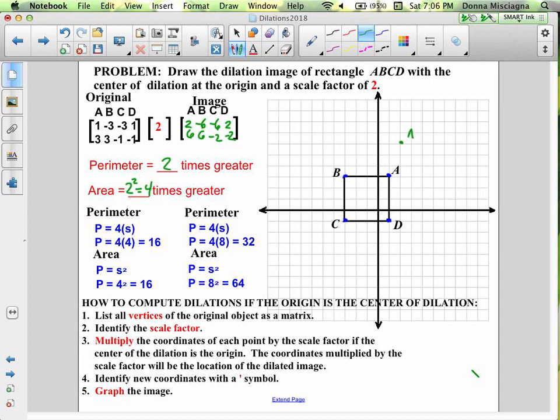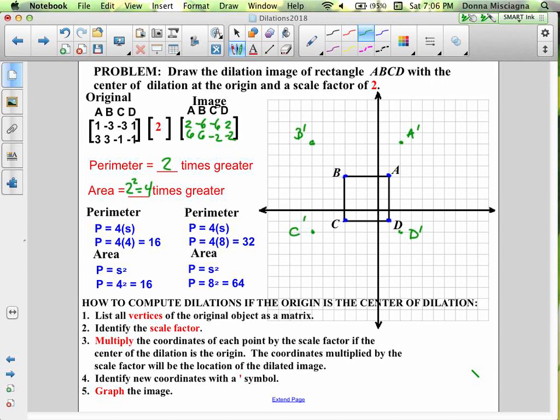All right, that'll be A prime. And then (-6, 6). So 3, 4, 5, 6. 1, 2, 3, 4, 5, 6 right there is B prime. And then C prime is going to be at (-6, -2). And D prime is at (2, -2), right there.